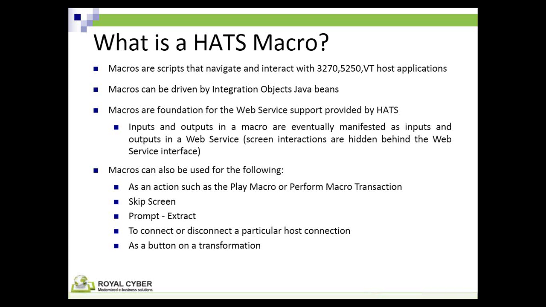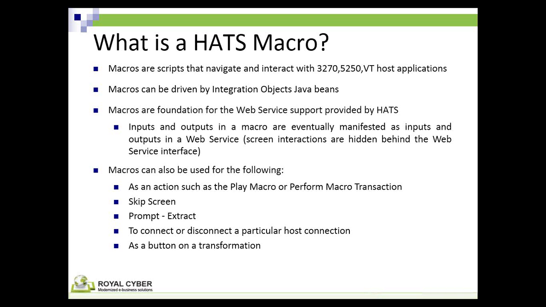Macros also provide the functionality to connect and disconnect to a particular host. A macro can also be incorporated in a button and applied in a transformation, but this feature will not be covered because we are not using transformations in today's webinar.